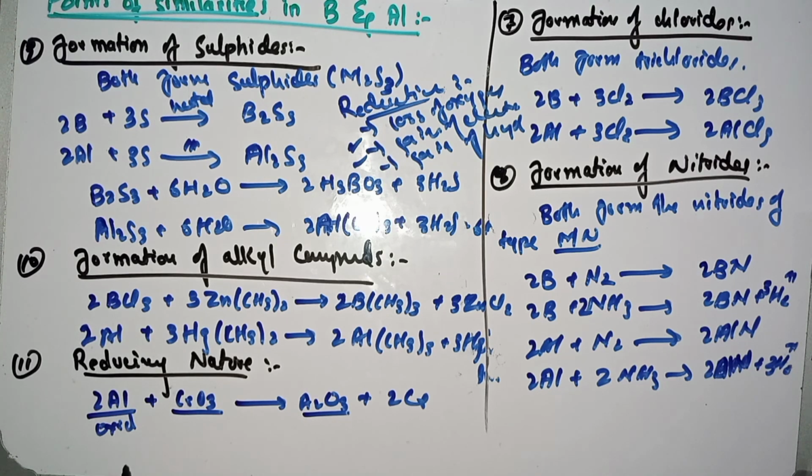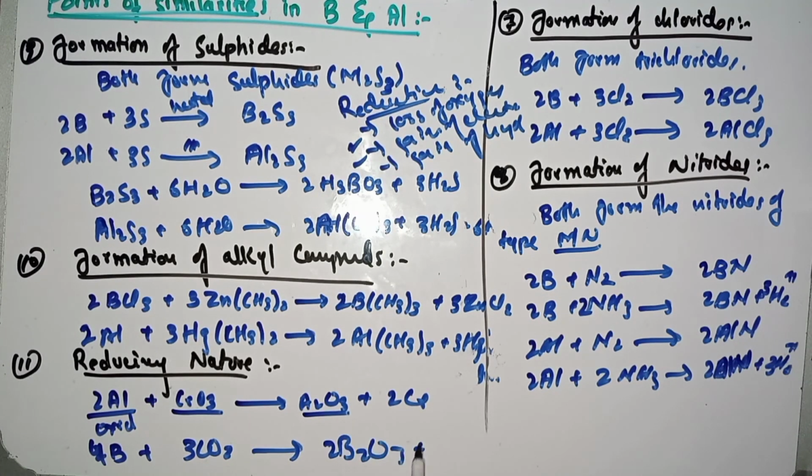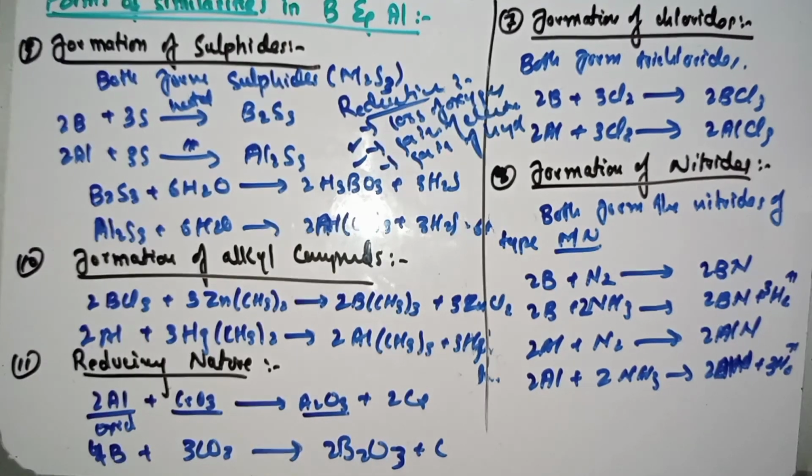Similarly for boron, when 4 boron react with 3 carbon dioxide, it will reduce carbon dioxide and produce 2B2O3 plus 3 carbon. This is for boron. So that's why they are reducing in nature.